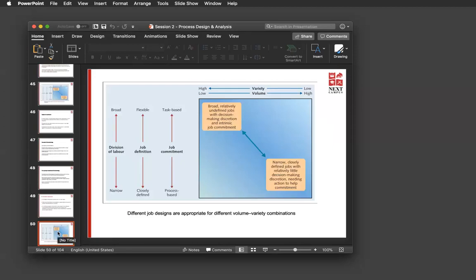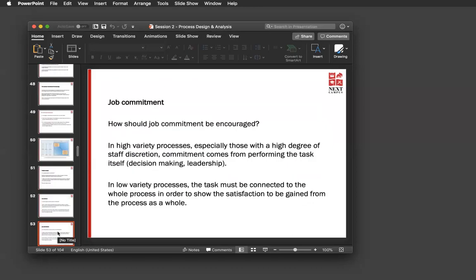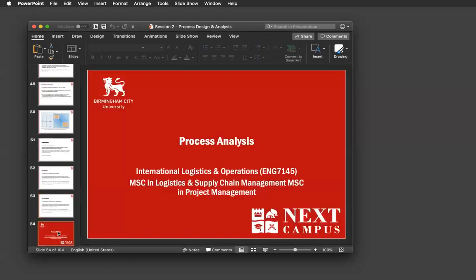Okay, so you can go through these slides, which will give you a good understanding of what has been discussed. Now, before we move into the process analysis, I just want to tell you something relevant to this particular module.